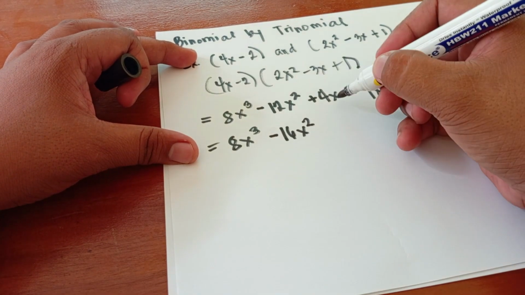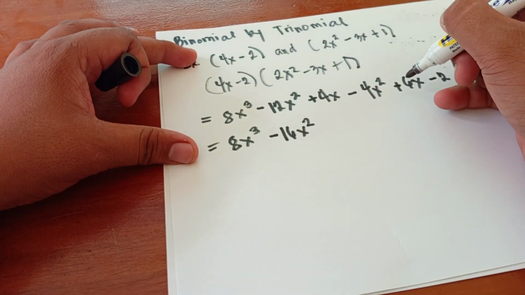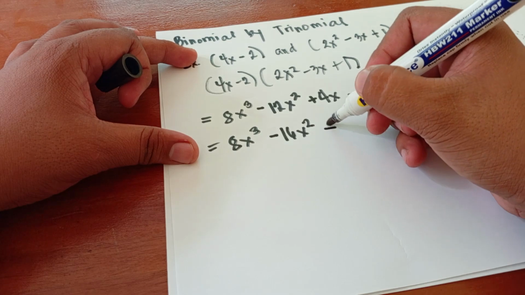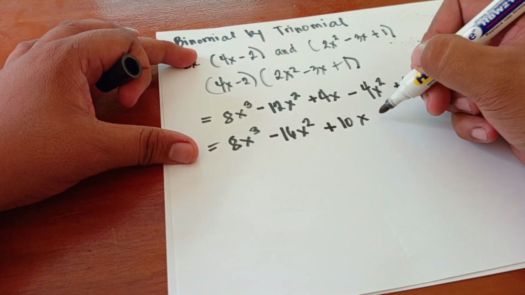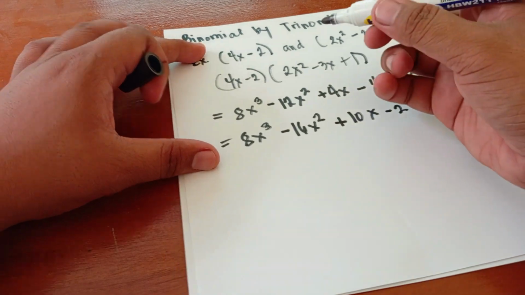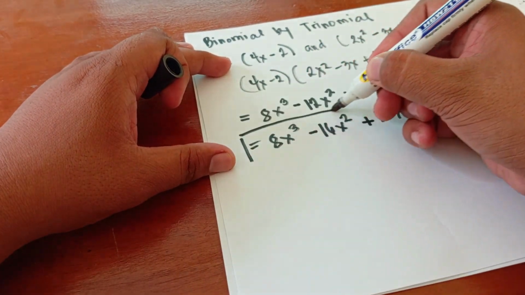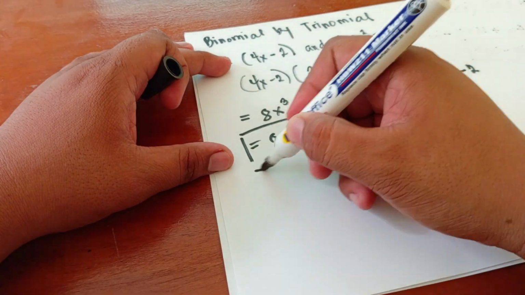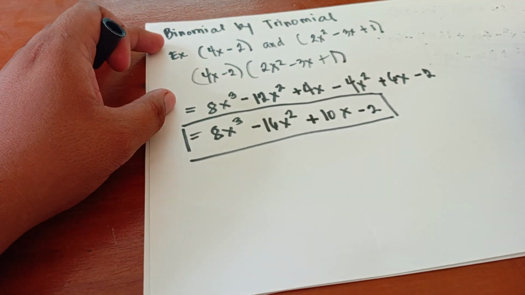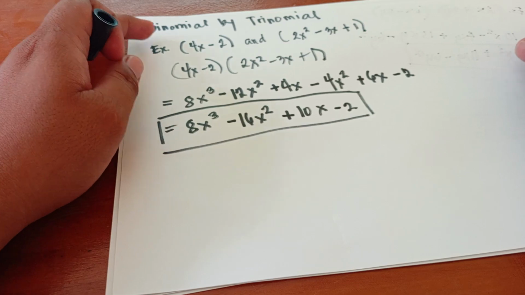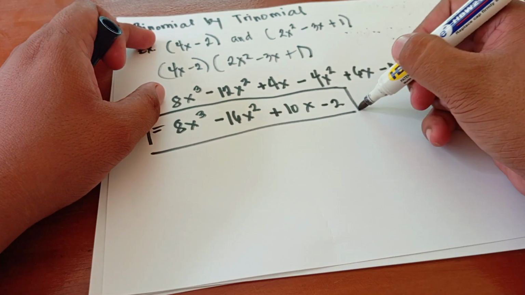Then 4x plus 6x, we have 10x, and minus 2. So our product is 8x cubed minus 16x squared plus 10x minus 2.